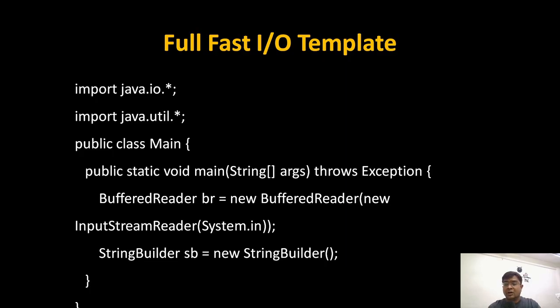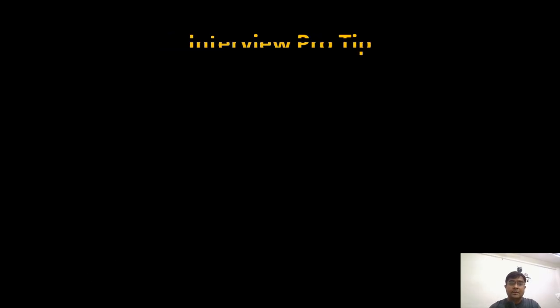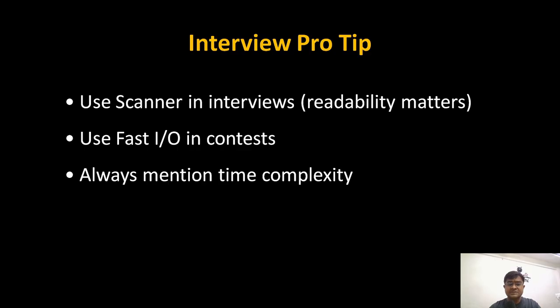Now, here are some interview tips you have to keep in mind. In an interview, the readability of the code matters more than micro optimization, right? Most interviewers won't give you massive input. If they don't, then you can simply use the Scanner class in normal coding interviews.